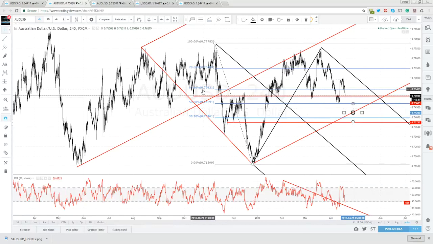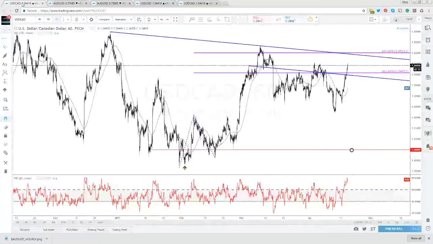I'm not short. I'm not long either, but maybe something to think about if we move up to 75.30 to take a short and take it down 90 pips. Might be a trade idea.